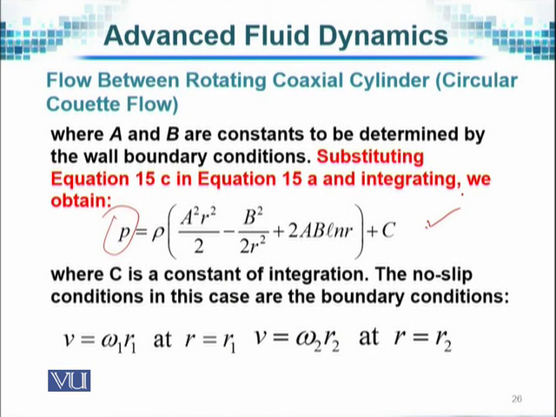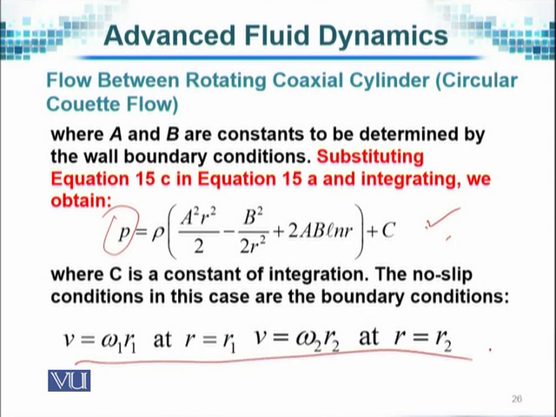So now we know, if we want to know how the pressure would look like at a certain point r, it's given by this value. A, B, and C are constants of integration. The constants of integration can be determined by applying the no-slip conditions, which are written down here.